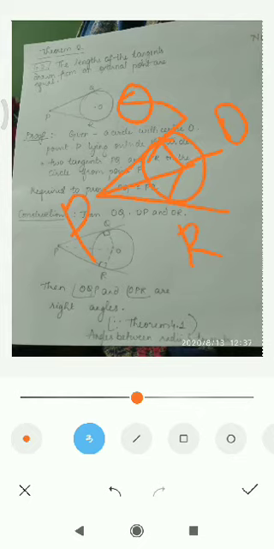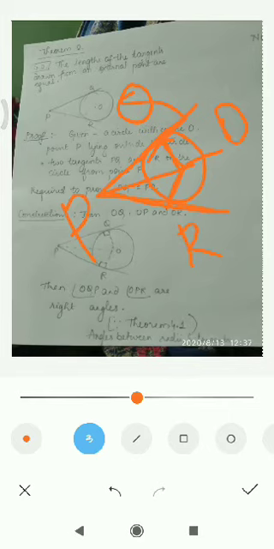So you know that a tangent drawn at any particular point will be perpendicular to the radius at that point. This was the theorem which we did previously. Now the same thing will come into the picture.